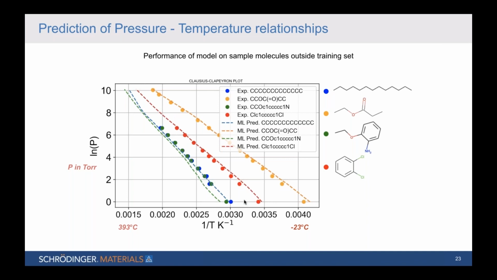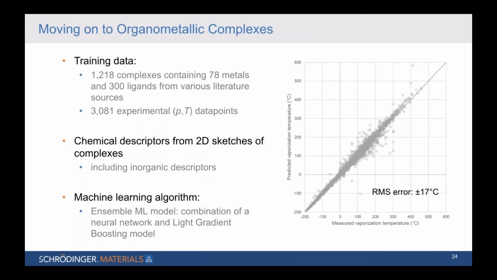So we are really happy about the high quality machine learning model we were able to build. Now, with that, we actually went one step further. We know the organometallic complex is very important, very commonly used, and it's even more challenging both from a simulation perspective and from previous machine learning models.